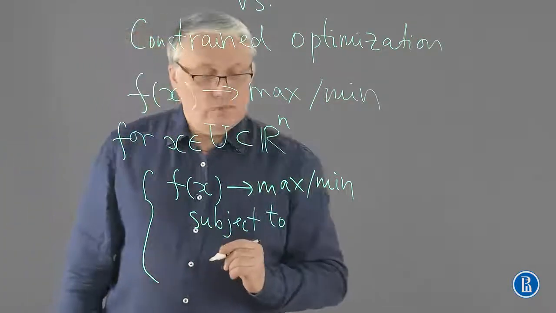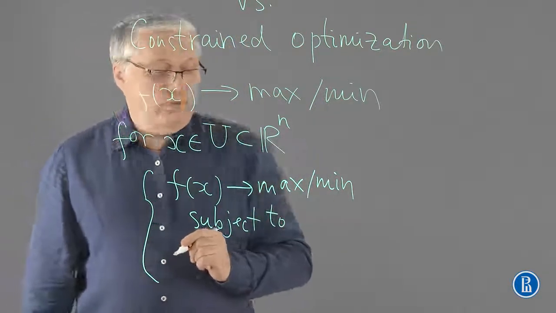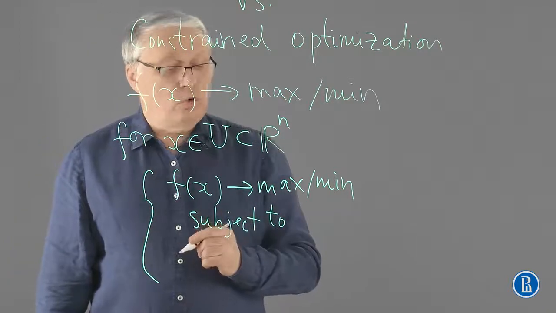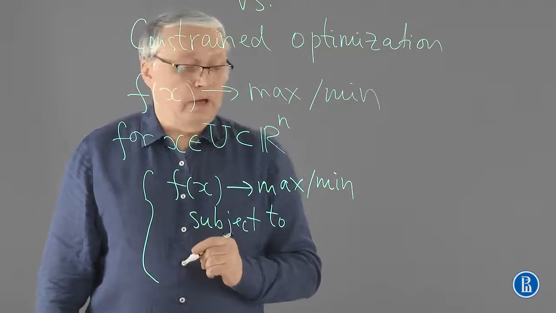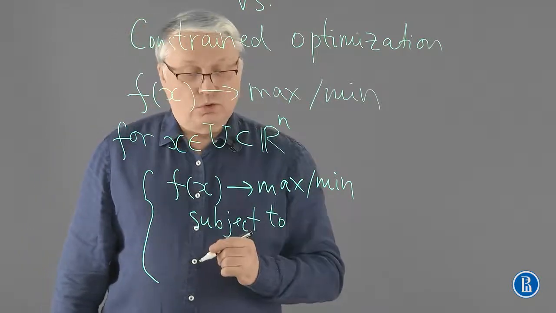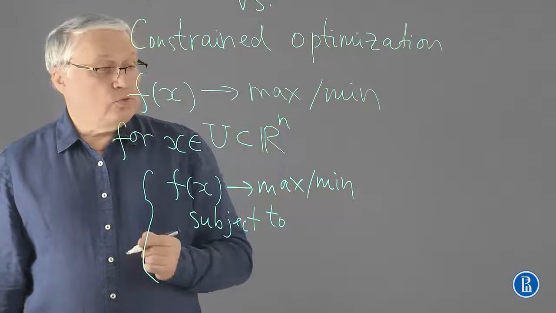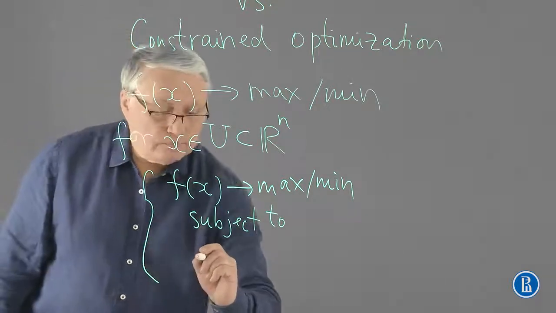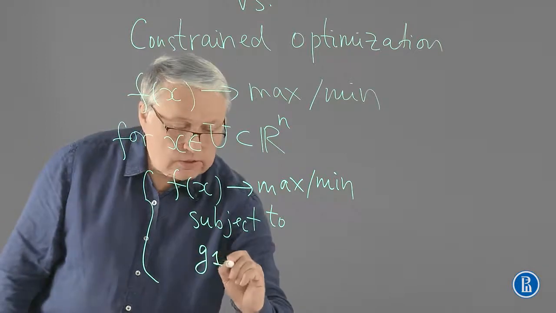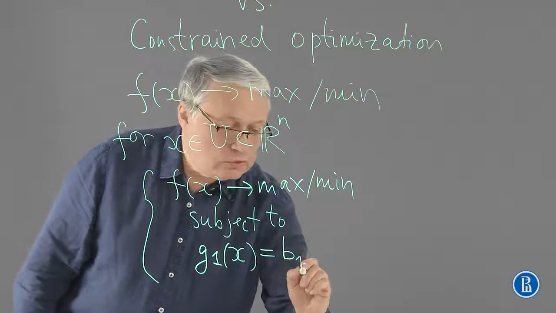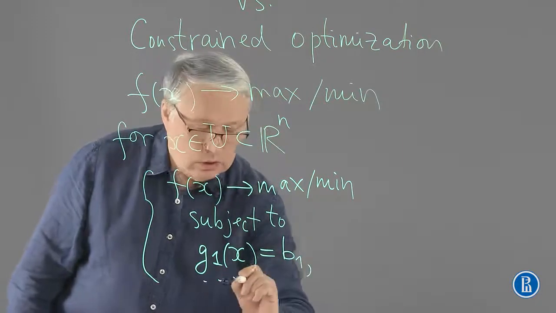These constraints take form of either equalities or inequalities or mixed constraints combining both types, equality constraints and inequality constraints. So for instance, we start considering a case where there are some constraints in the form of equations or equalities.